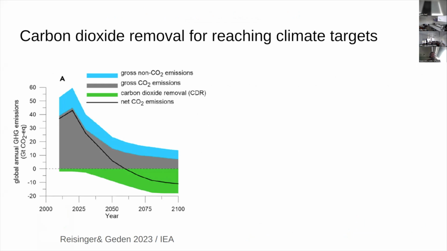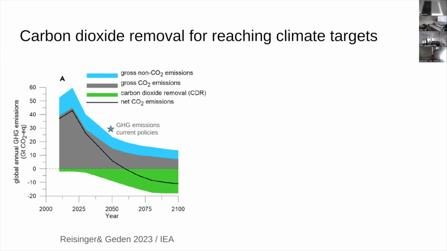So why do we need to actively remove CO2 from the atmosphere? That's because you can see here in the black line the net CO2 emissions which would be consistent with a global warming of 1.5 degrees by the end of the 21st century. And you can see that we need carbon dioxide removal from the atmosphere, in particular as current policies are not in line with the trajectory needed to reach this warming.